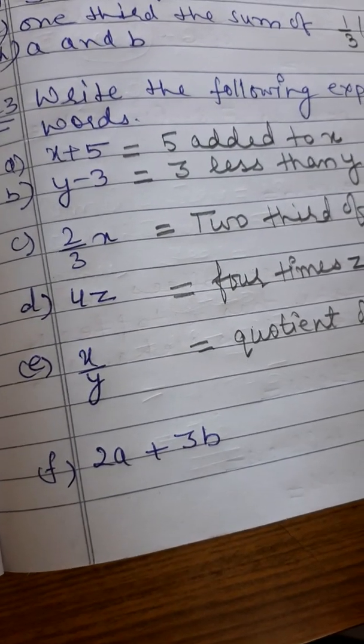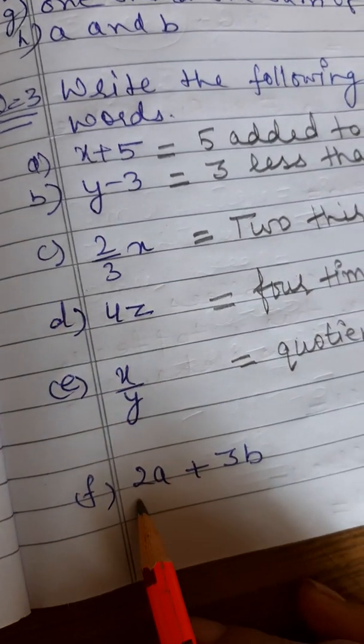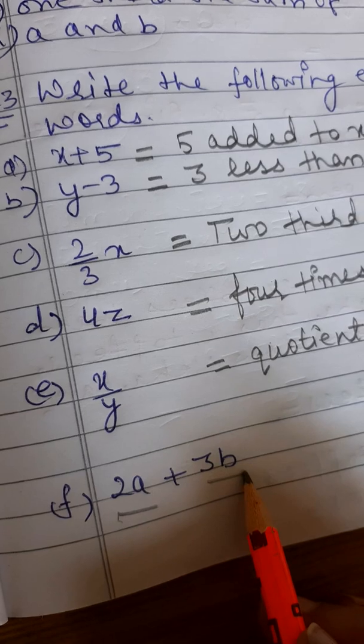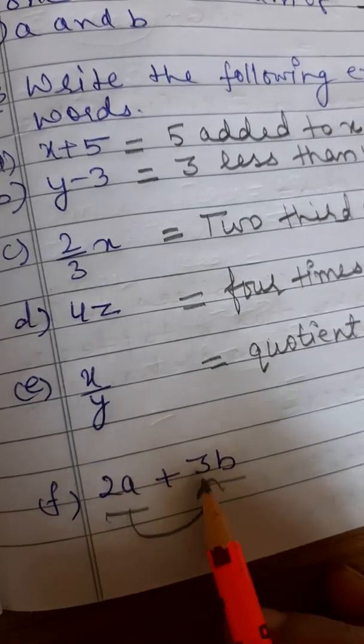The last one is 2a plus 3b. So here 2a is 2 times a and 3b is 3 times b, and both are getting added. This is the sum of both.